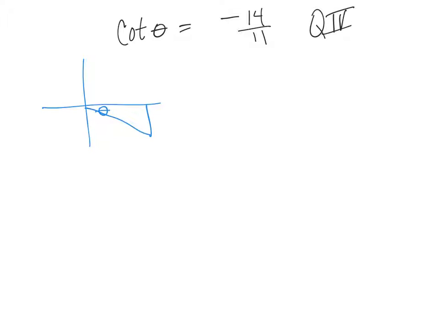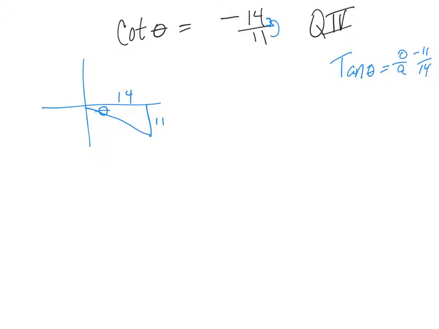So what I do is, since tangent of theta is opposite over adjacent, and it's the flip of this, it's going to be negative 11 over 14, right? Then I put opposite is 11 and adjacent is 14. Does everybody see that?